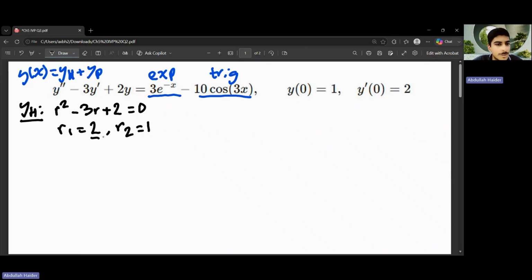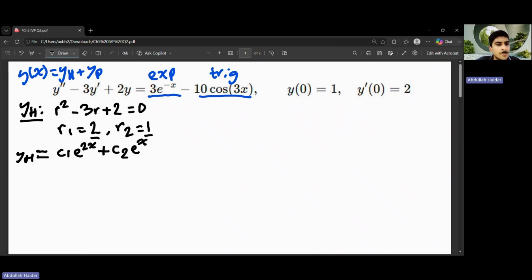Note that these solutions are distinct, hence our solution for the homogeneous will be C1 e^(2x) plus C2 e^x.